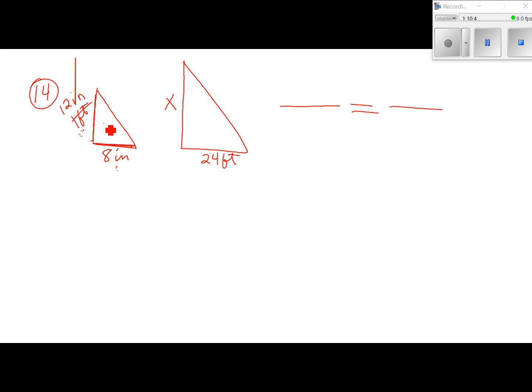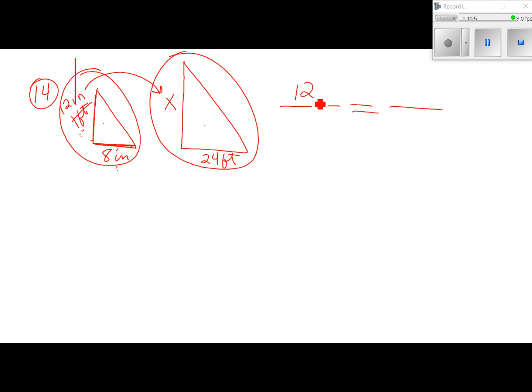Again, it doesn't matter that all of these are in inches, or all of them are in feet. What matters is that everything in this triangle is in 1 unit, everything in this triangle is in 1 unit. So if we match these up, the 12 inches here matches up to the X, the height of the ruler matches up to the height of the tree, the shadow of the ruler matches up to the shadow of the tree.